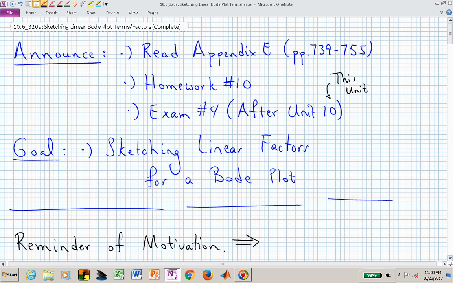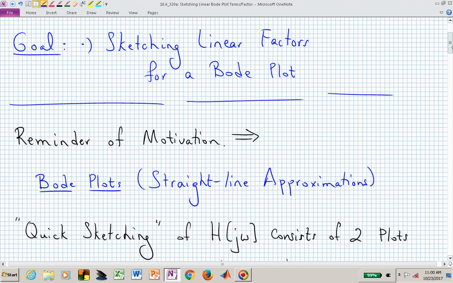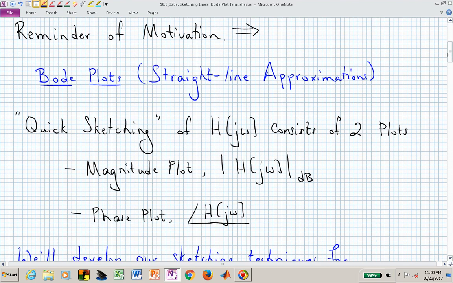Linear factors are associated with s raised to the first power, and those can be either numerator or zero factors, or denominator or downstairs pole factors. Again, we're just trying to quickly learn strategies for sketching the magnitude as a function, or in dB, as a function of frequency, and phase, the angle, as a function of frequency.